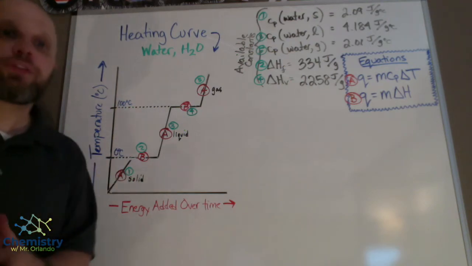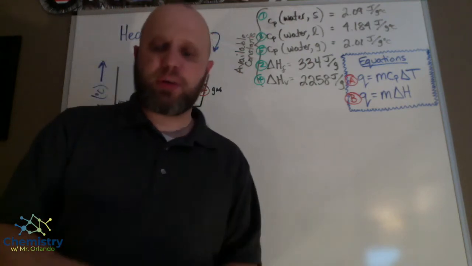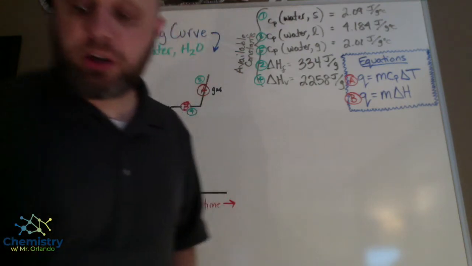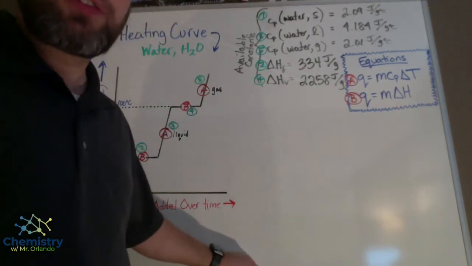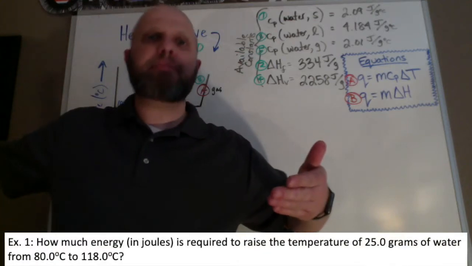All right. So hopefully after hitting pause and hitting play again, you're back with me. We are going to look at a question together, so I'm going to put that question up right now. Magic.